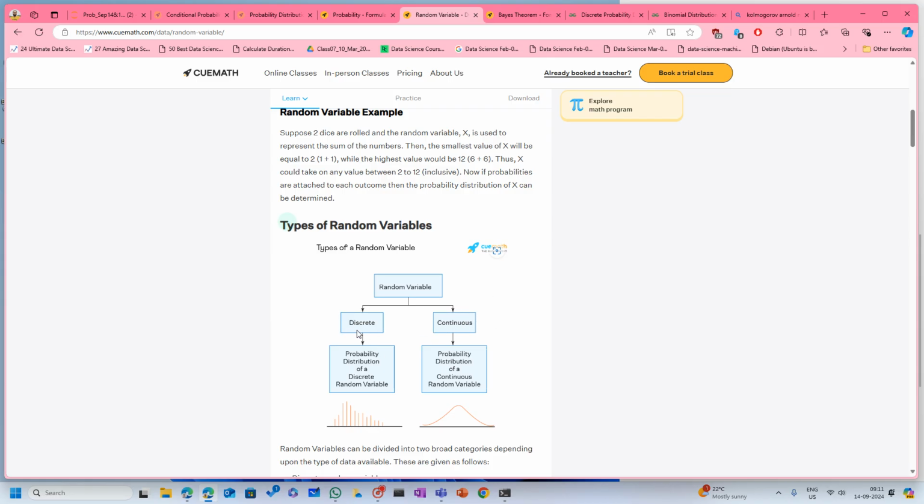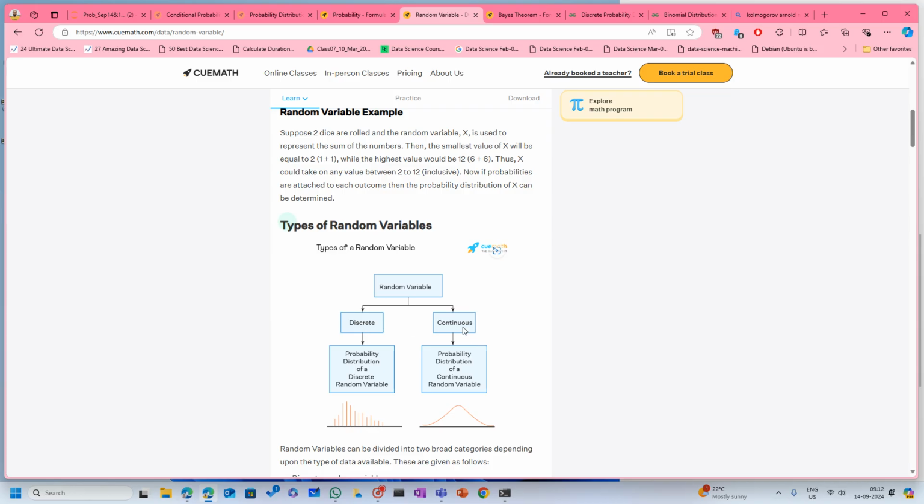Very easy to understand. Discrete variables are nothing but non-decimal values. For example, you toss a coin, you have heads, you have tails. Heads can be represented as 1, tails can be represented as 0. So that is a discrete value. It's a definite value. It doesn't have 1.1234, something like that.